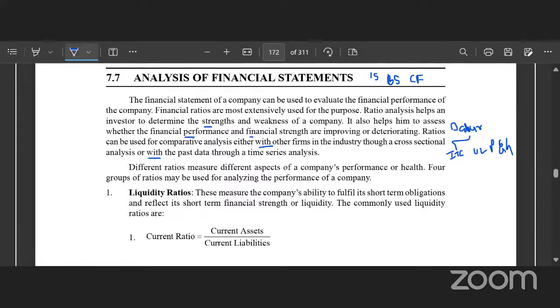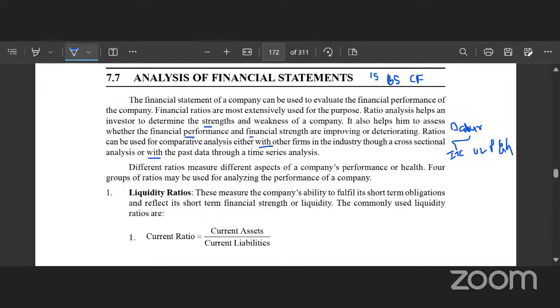Or in a time series analysis, I can compare the performance of Dabur in 23-24 by checking the performance in 22-23, 21-22, like this. That's a time series analysis.